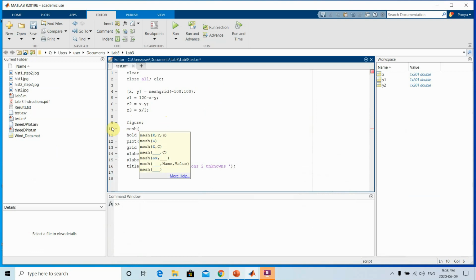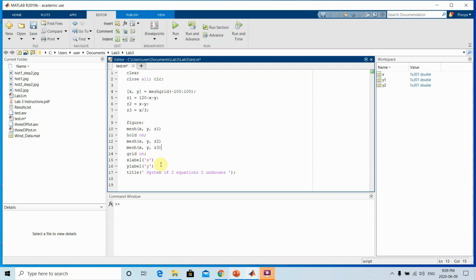Let's have mesh of x, y, z1, then hold on, and then mesh of x, y, z2. We don't need another hold on, it would hold everything on. Then mesh of x, y, z3.